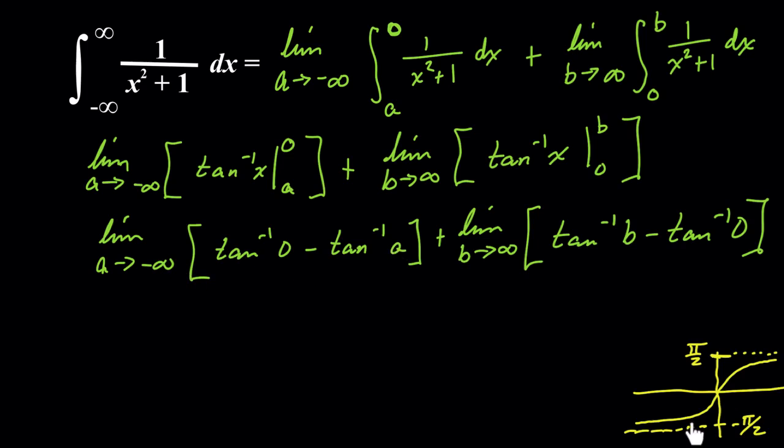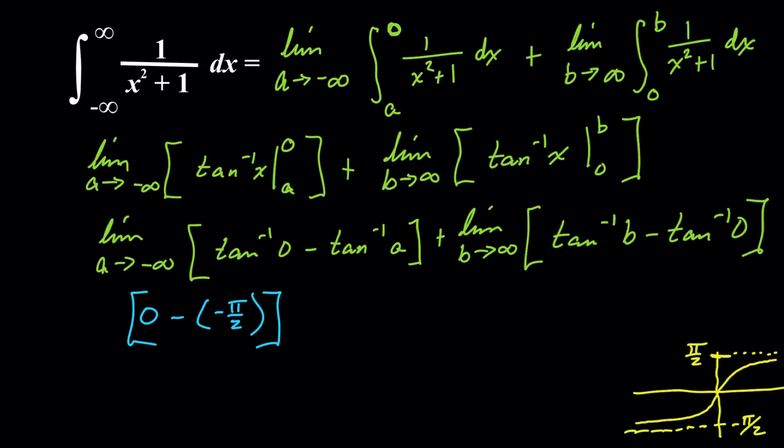According to this graph, as x goes towards negative infinity, our graph is going to approach negative pi over 2. So what this comes out to is 0 minus negative pi over 2. And that's what we get when we evaluate this limit as a approaches negative infinity.